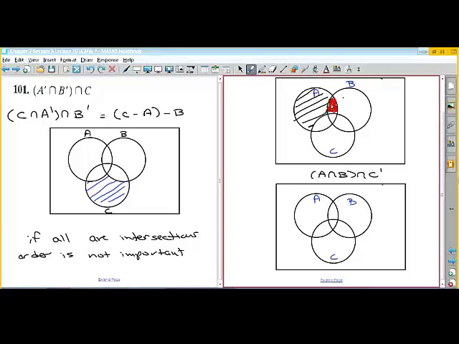Now let's do the same thing here, but in a different order. So A intersect B is the overlap between the two. It's this little football. Footballs are intersections of two sets. So I've done that. Then I subtract C. That means I erase the area that involves C, which leaves me with the same result.